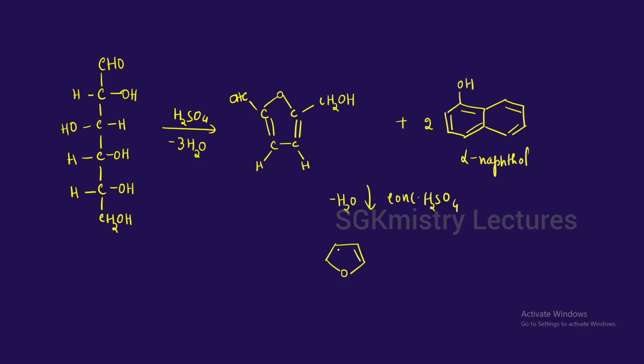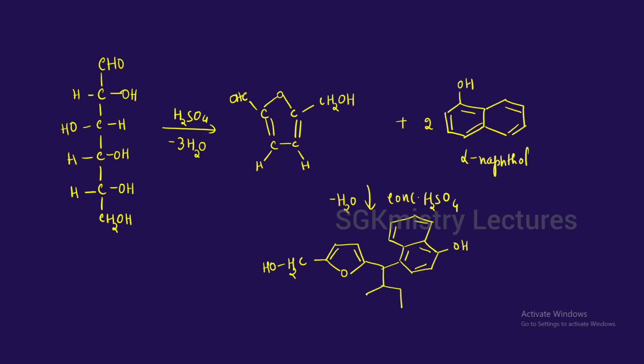So here the furan ring is present. Along with that, the CH2OH remains as such. So here the alpha naphthol comes and binds. So here a six-membered double ring is present. So OH is present here.